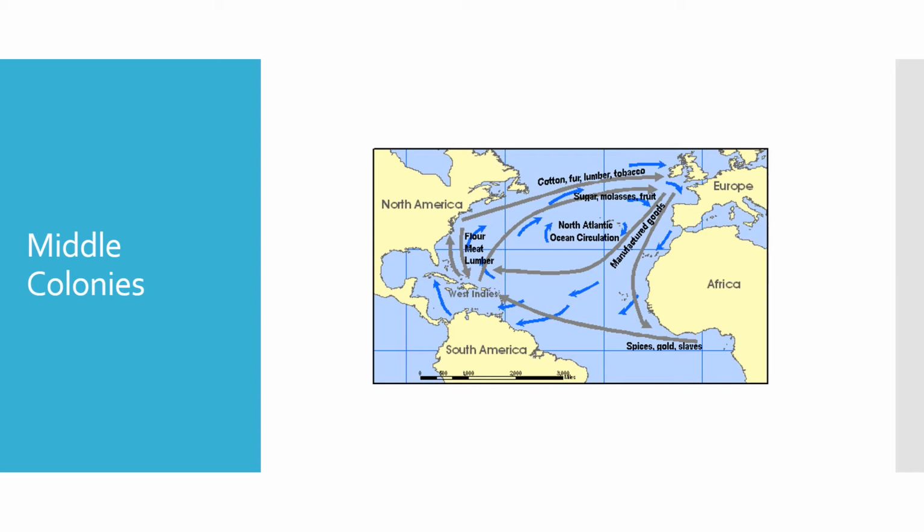The way you make money off of those colonies is through mercantilism, meaning that you take raw materials that you can't grow in your country or you can't find in your country, but you can find in the colonies. Then you force those colonies to sell you, only you, that is England, those goods, and then in turn you sell them to the rest of the world. And in doing so, you're going to make money off of trade that way.